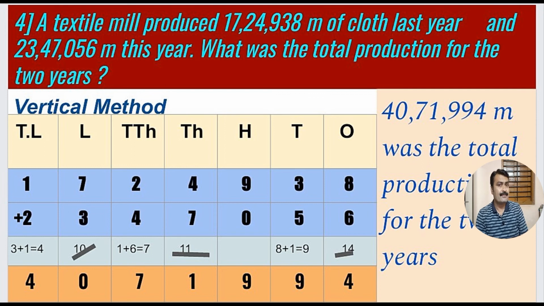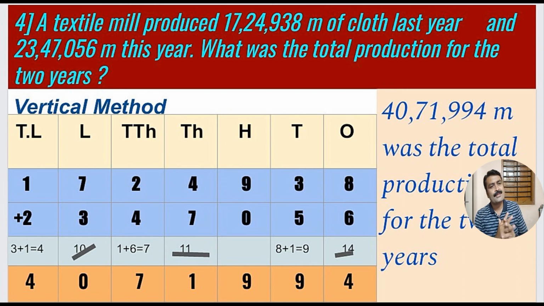Thereafter at lakh place 7 plus 3 we get 10. For that 10 we write 0 into the main answer and 1 taken as carry into the 10 lakh place there. So at 10 lakh place 1 plus 2 we get 3 first, and in that 3 we make plus 1. So 3 plus 1 we got 4, we write 4 into the main answer.